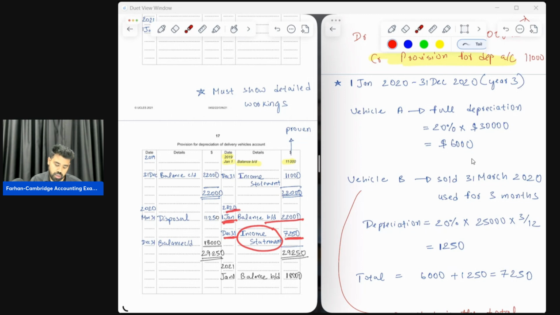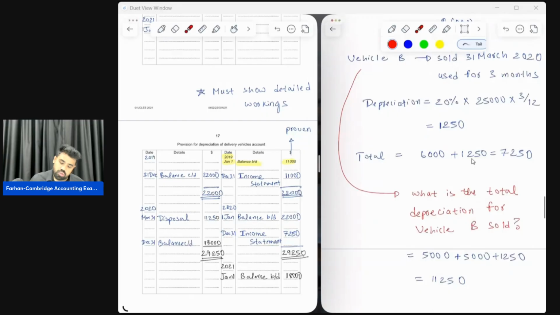Okay? Now, we want to know the total depreciation for vehicle B since the day it was purchased, which was on 1 Jan 2018. So from 1st of Jan 2018 until the end of 31 December 2018, vehicle B had a depreciation of $5,000. How did we derive it? 20% multiplied on the original cost of 25,000.